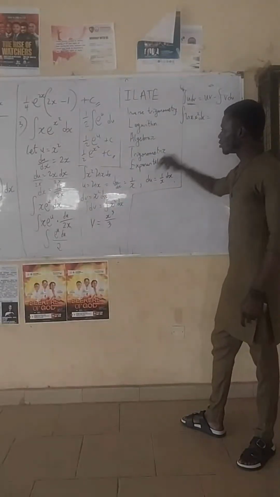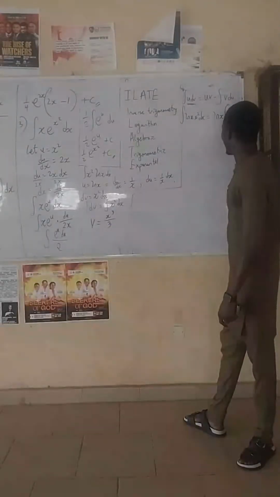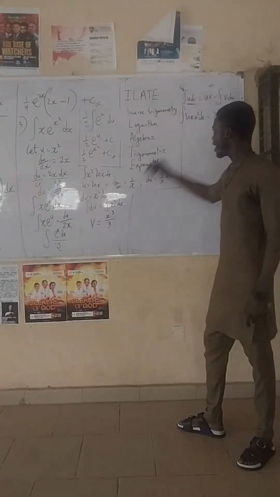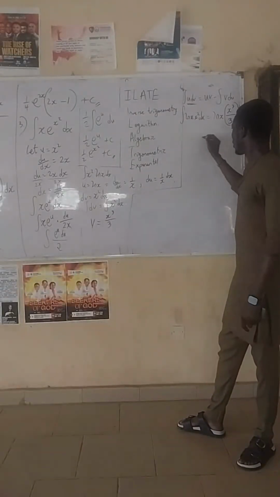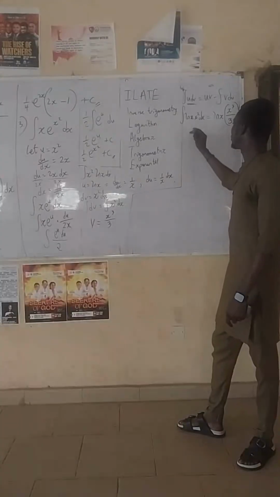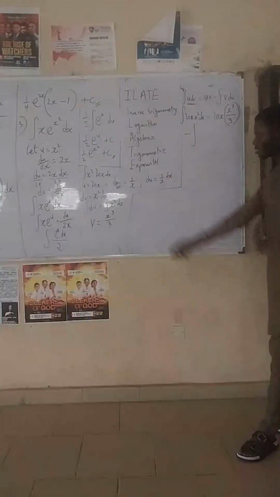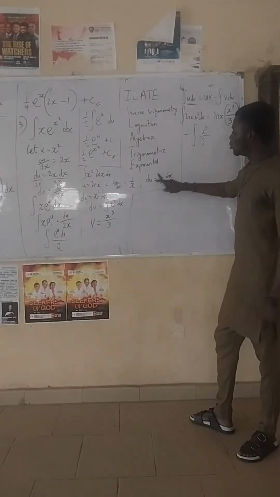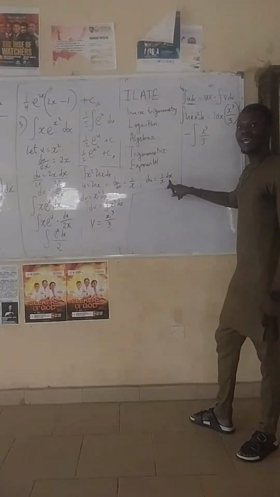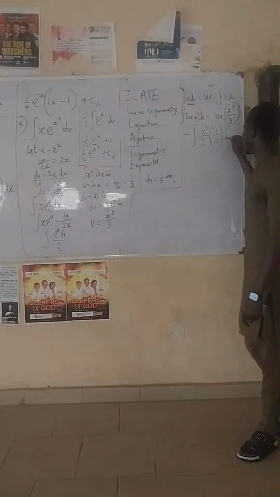Now uv. u is ln x times v, which is x cubed over 3, minus the integral of v, which is x cubed over 3, times du, which is 1 over x dx.